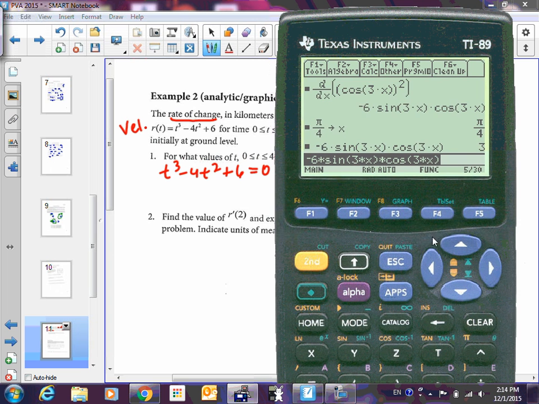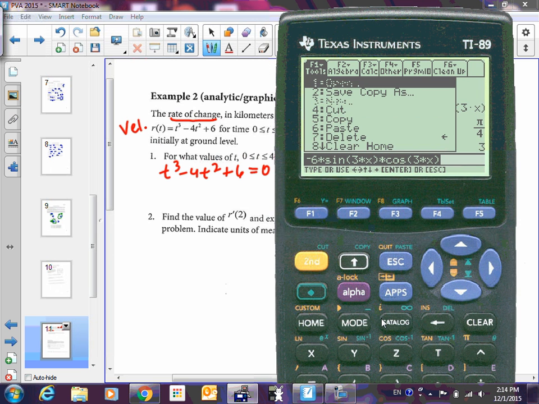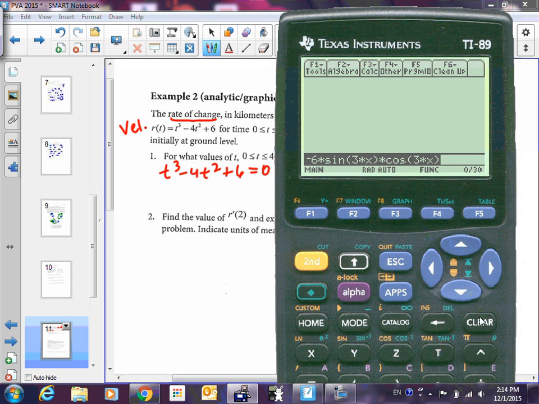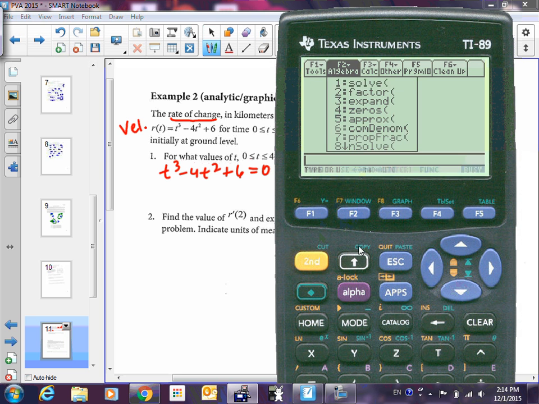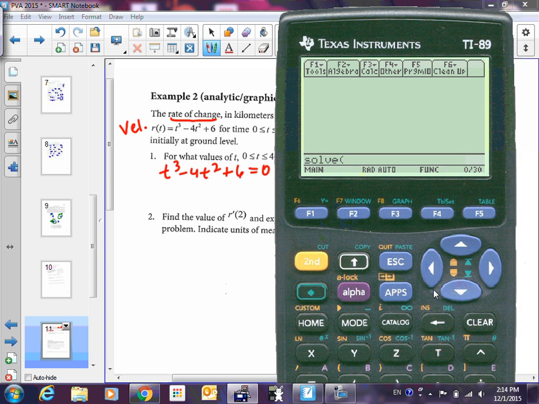Just a quick reminder, I'm going to clear the home. I'm going to clear any variables just to make sure everything's good to go, and then I'm going to solve. So I'm going to do F2 algebra, solve, and then type this in. You can use t or x, by the way. It doesn't matter.